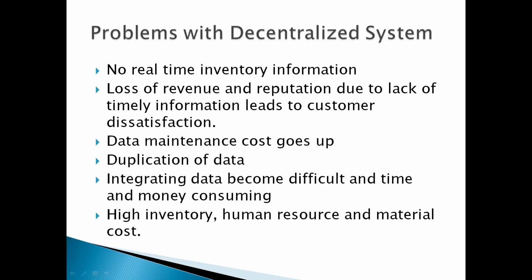So they approach the inventory department to check the availability of the product. The process takes time and the customer chooses another vendor, leading to loss of revenue and customer dissatisfaction.